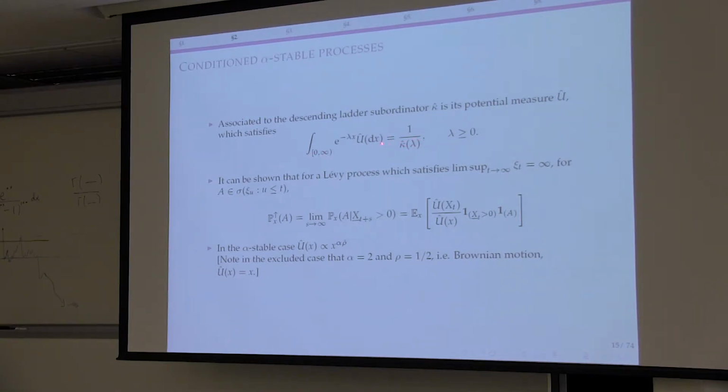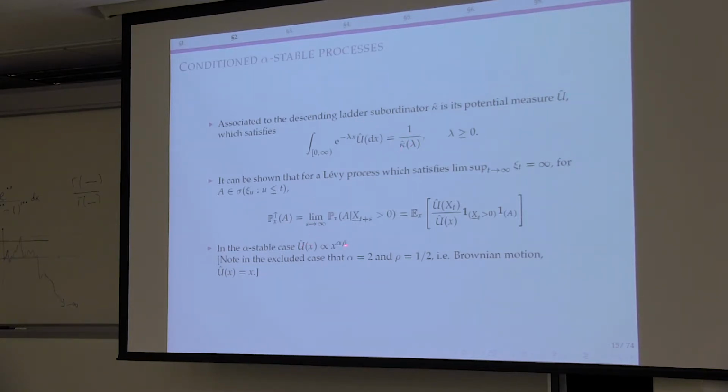Take the inverse of this as a Laplace transform, or take the inverse Laplace transform. It gives you a measure, and the distribution associated to that measure gives you a function that appears as the harmonic function here. In the stable case, this is lambda to the power alpha rho. So this is an easy inversion.